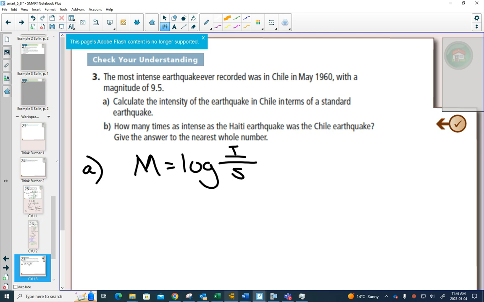And here they tell us the most intense earthquake ever had a magnitude of 9.5. And the question says, solve for the intensity. So if you want to get that I by itself, you're going to need to solve a log equation.